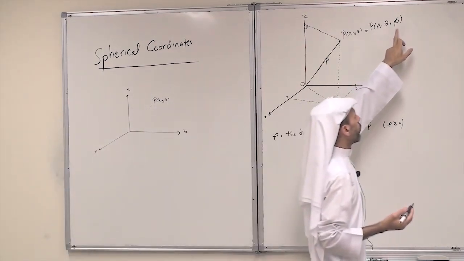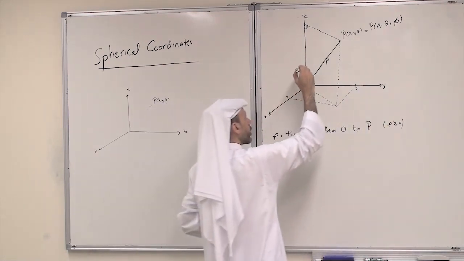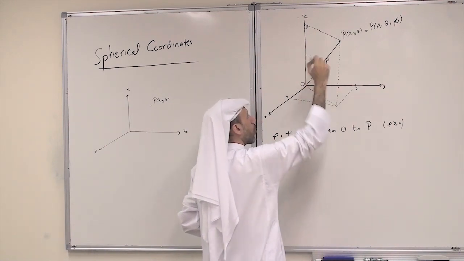The third number, phi, is the angle between the positive z-axis and the line segment OP.